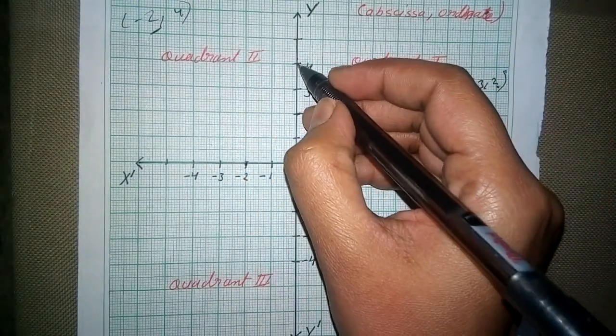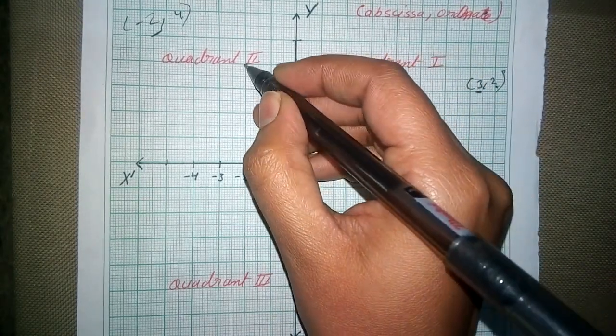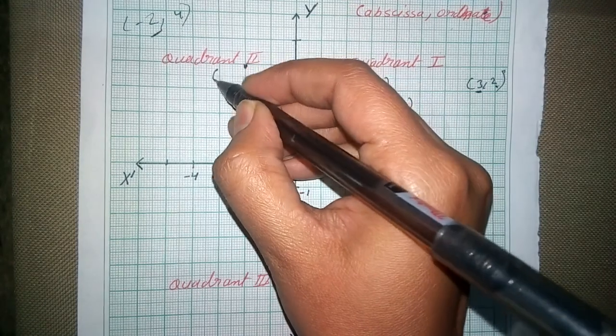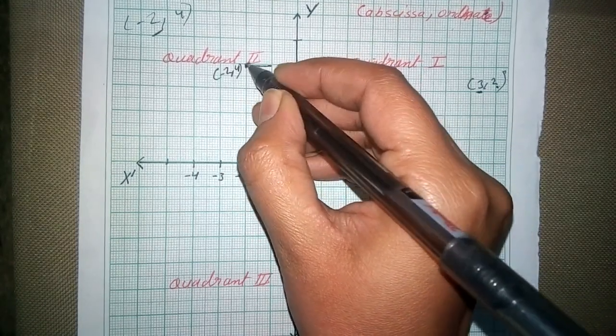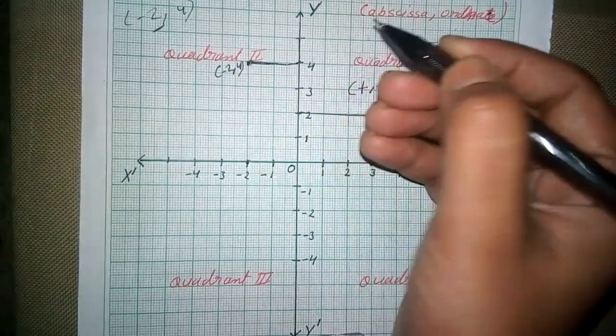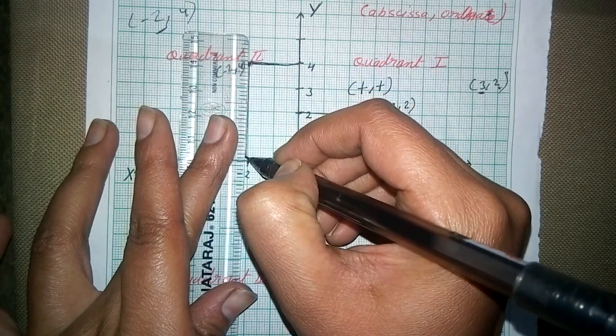Where is the positive 4? Here. Where they meet, -2 and 4, here. Join them, use the scale here. Okay, so -2, 4.